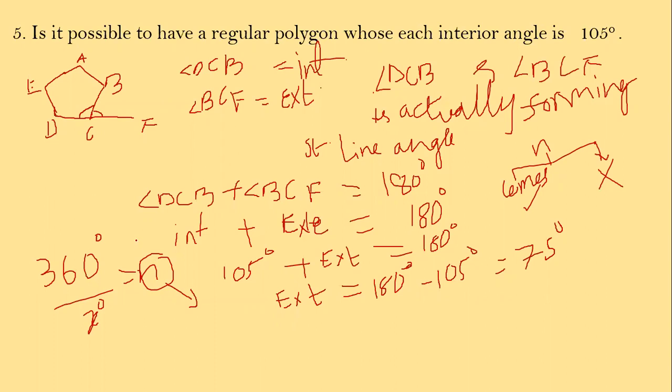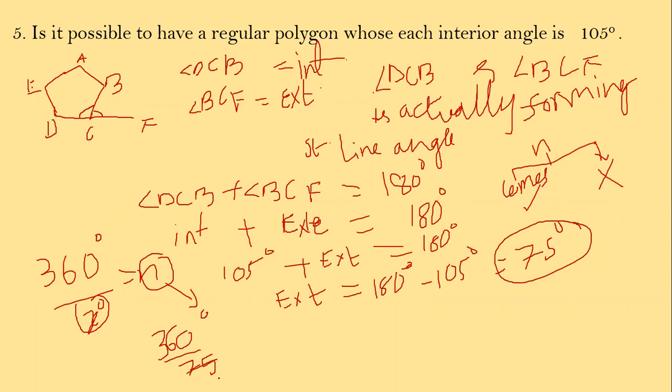So find it out. We know the value of each, where x is actually each exterior angle, right? So how much is this? This is 75 degrees. So let us find out whether 360 degrees by 75 degrees will give us an absolute value or not. If an absolute value comes, it's a polygon. If it doesn't come, it's not a polygon. Simple.